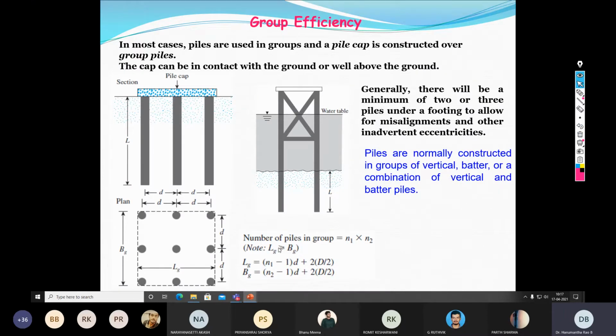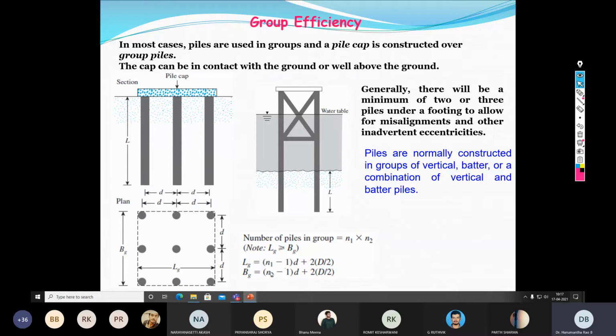Now we also discussed how to calculate the length and width of the pile group. Suppose n1 piles are there in the length direction and n2 piles are there in the width direction.